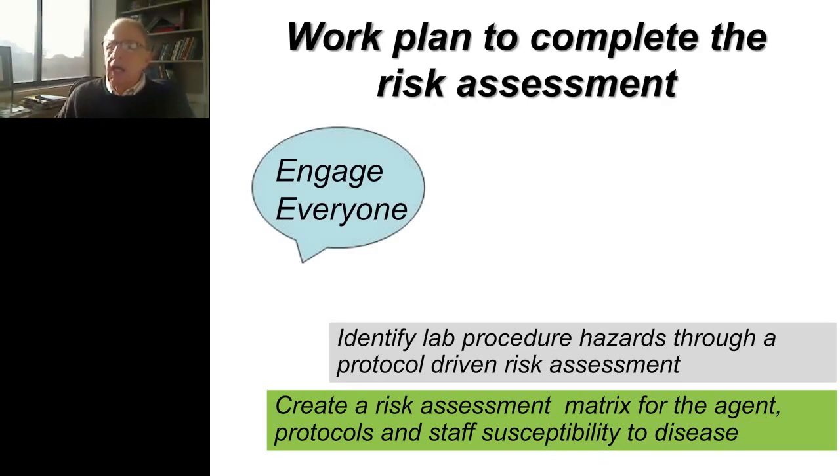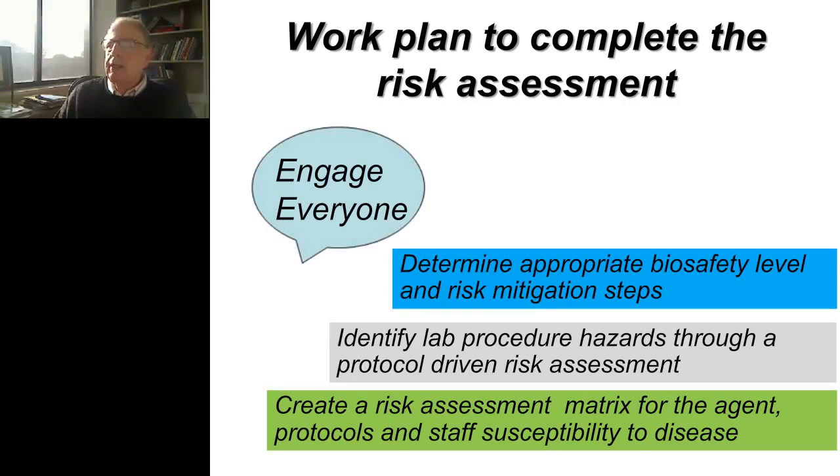So I like to look at each step in a protocol and determine what is the risk of an exposure at this step. Then ask the question, what mitigation can be put in place to eliminate that risk or at least lower that risk? Then, of course, determine the appropriate biosafety level and risk mitigation steps.